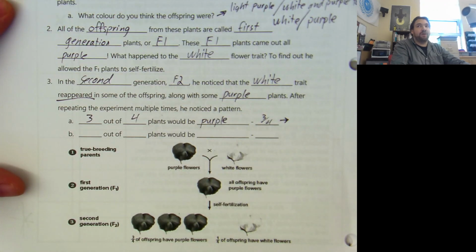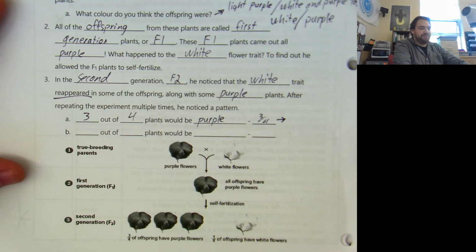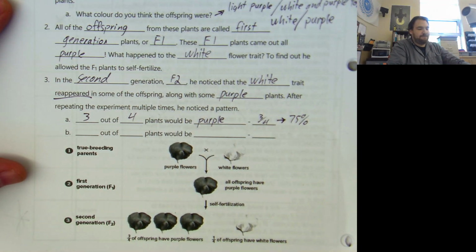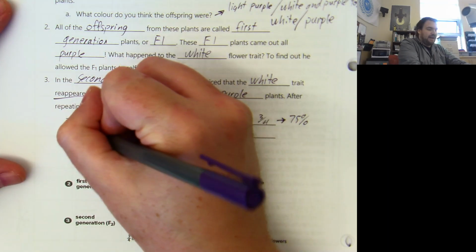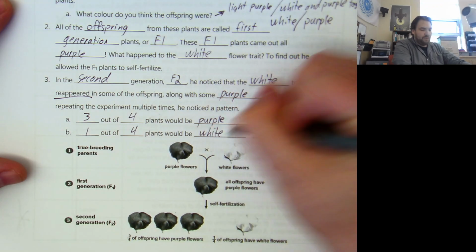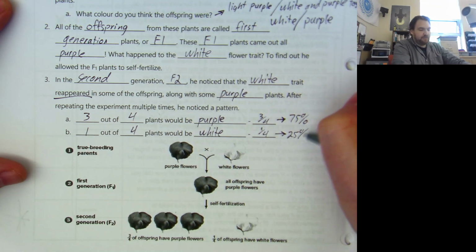I would love nothing more than for you to be able to actually read what I'm writing. 3/4 is what as a percentage, grade 10? 75%. Which means that 1 out of every 4 plants would be white, which I'm going to write as 1/4, which I'm going to write as 25%.